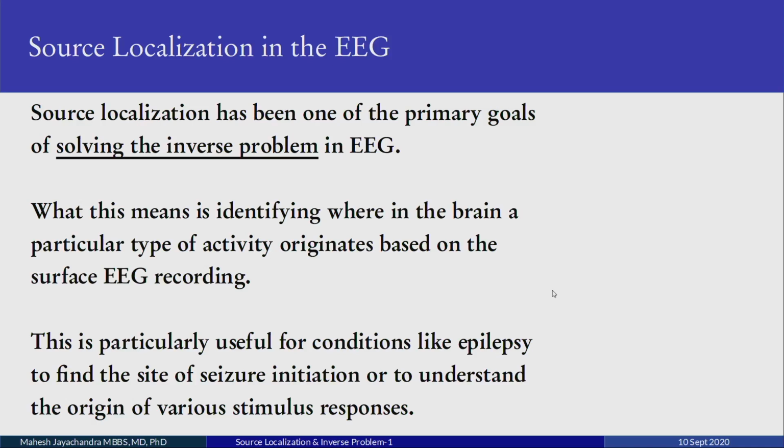So it will be very useful to localize which part of the brain the epilepsy is originating from, because depending on that, for example, if it's temporal lobe epilepsy, the treatment is specific. It can vary for different kinds of epilepsy.